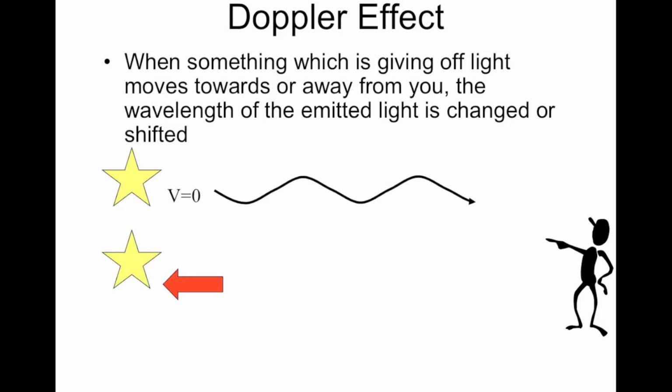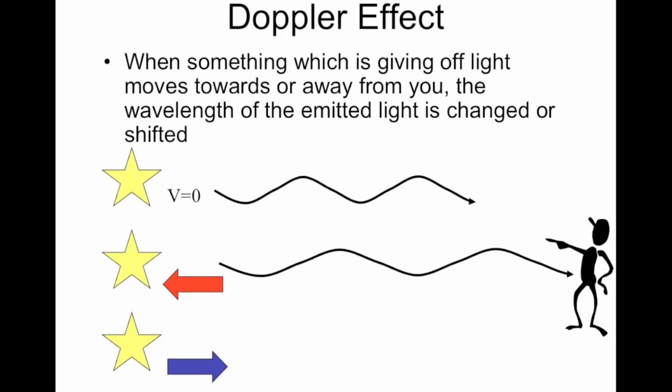But if the same star is moving away from the observer, then the waves that are detected by the observer are going to have an apparently longer wavelength. This is called a redshift. And if a star is moving towards the observer, we'll detect apparently shorter wavelengths.